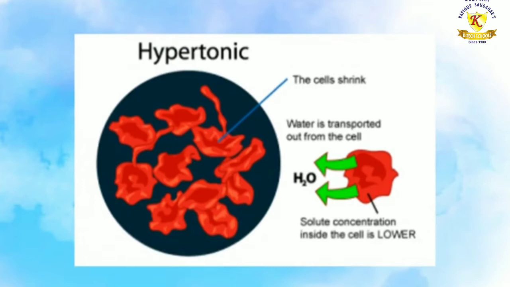Hypertonic solution. Now here the cell has more water than the outside medium. So water comes out of the cell. Here you can see the arrows moving outside the cell. So water is transported out from the cell.